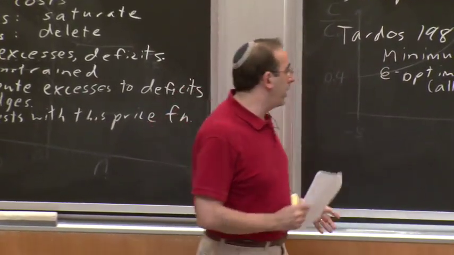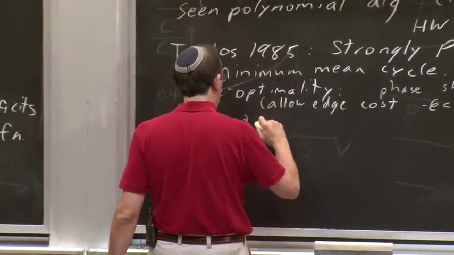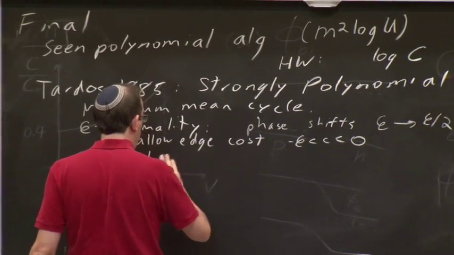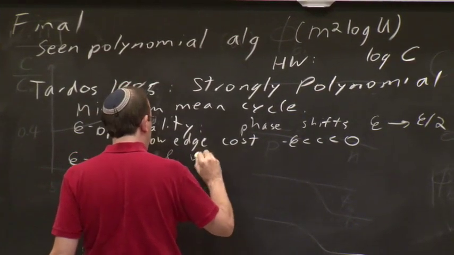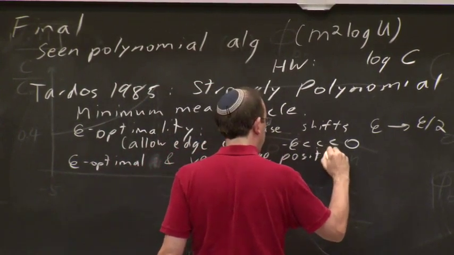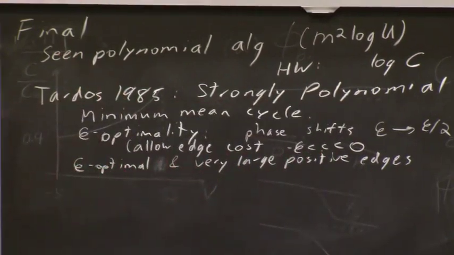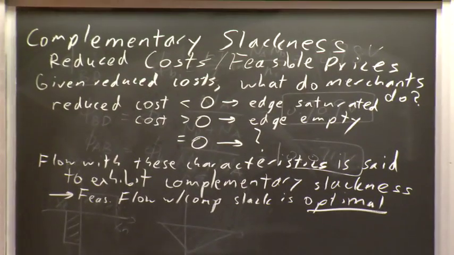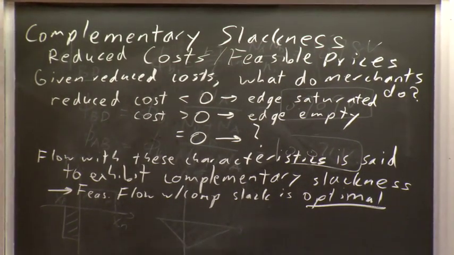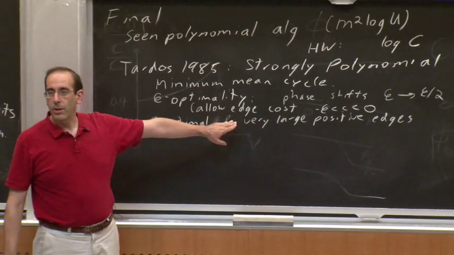The real key insight is that if you are epsilon optimal, and you have some very, very large positive costs, well, as we were talking about, in the optimum solution, if you have a positive edge cost, then you're not going to send any flow. Here, we're working with an approximate solution, so we can't say that we have a feasible price function.